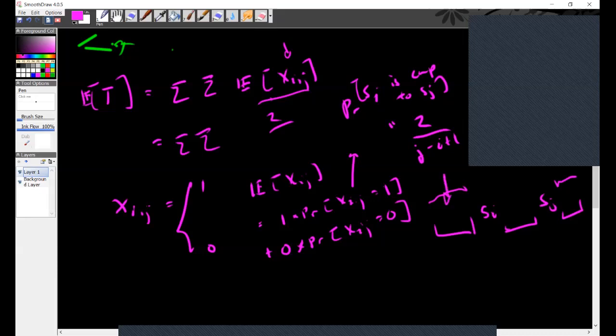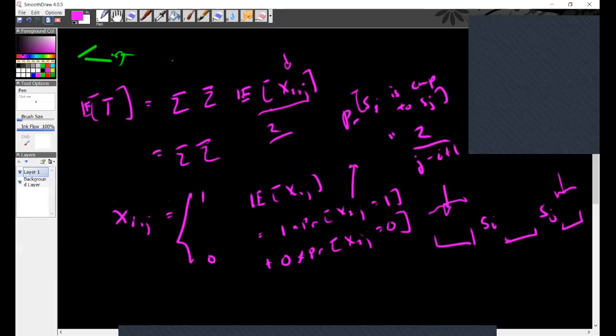Given that something here was chosen, I cannot say that Xij should now be 0 or 1. When can I say it's 0? If something here was picked, then I know Xij is equal to 0. If something here was picked, I know Xij is 1. If something here is picked, I can't say anything.